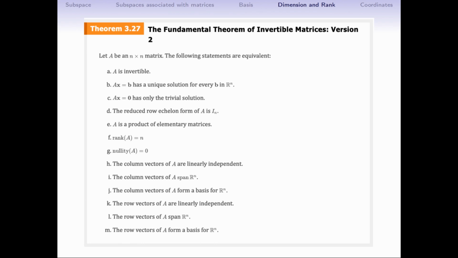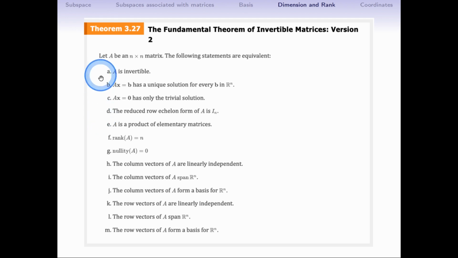Now, what we showed in version 1 of this theorem is that these 5 statements are equivalent. Knowing that any one of them is true gives us the truth of all of them. Now, what we're going to do is add on 8 additional statements, F through M. These 8 statements are of a different kind than the first 5.